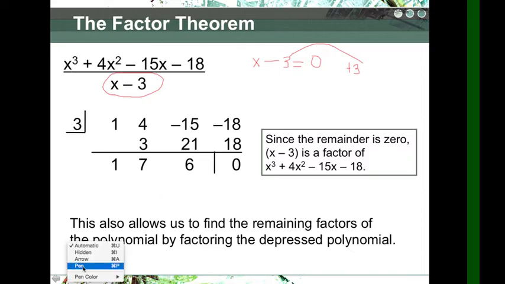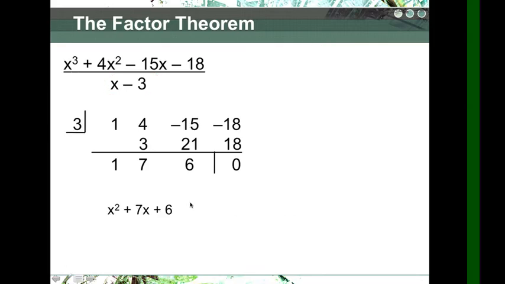The depressed polynomial is x squared plus 7x plus 6. Then we can factor x squared plus 7x plus 6, which is x plus 6 times x plus 1.